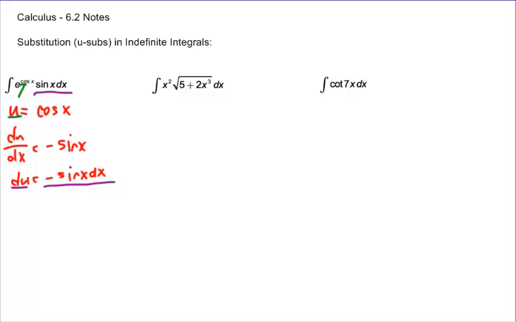So what my problem actually is going to turn into is I'm going to put a negative sign in front of, I'm going to account for the negative sign. Okay? And my integral becomes negative, the indefinite integral of e to the u, okay, times du.